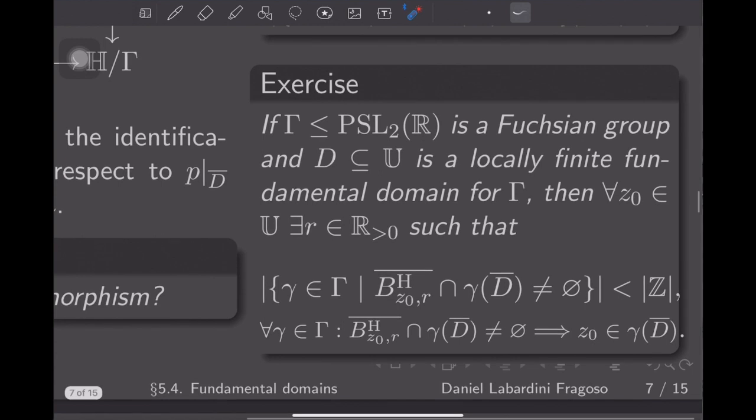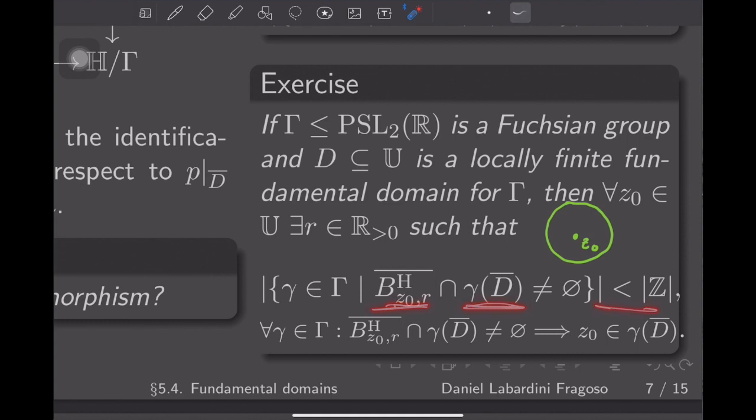So I have my Z naught, and there exists this hyperbolic disk with the property that, well, the local finiteness tells me the number of gammas that make D bar overlap it is finite.